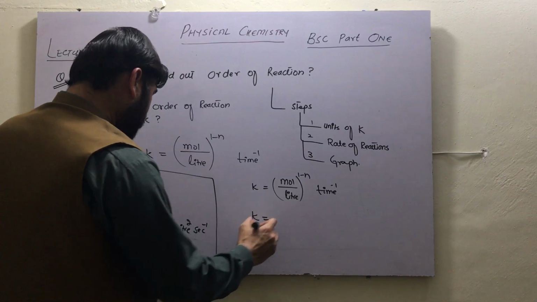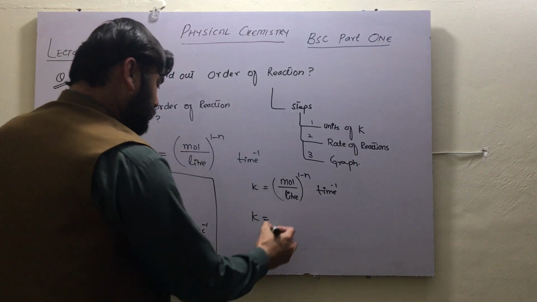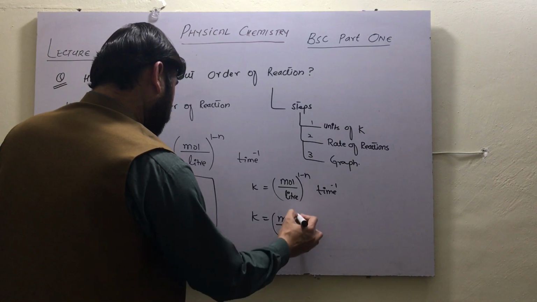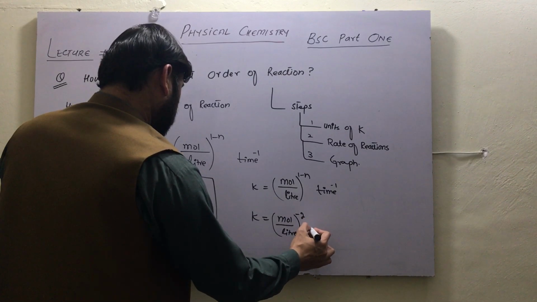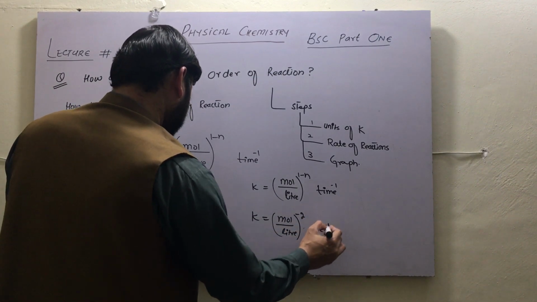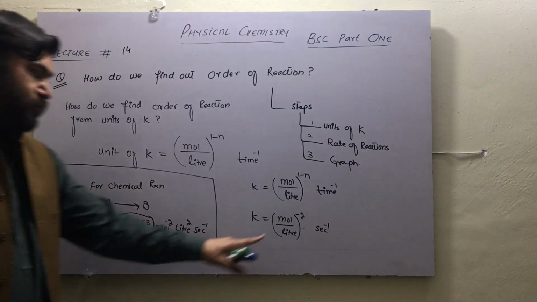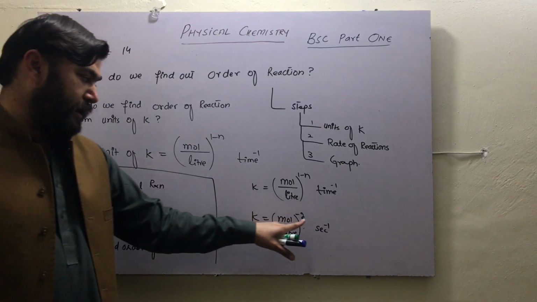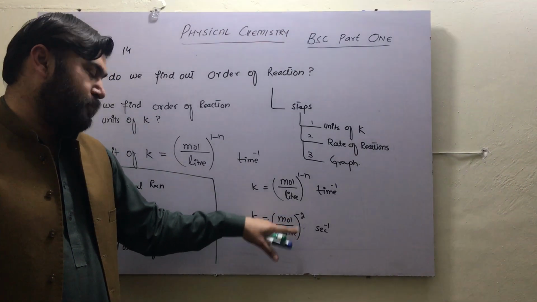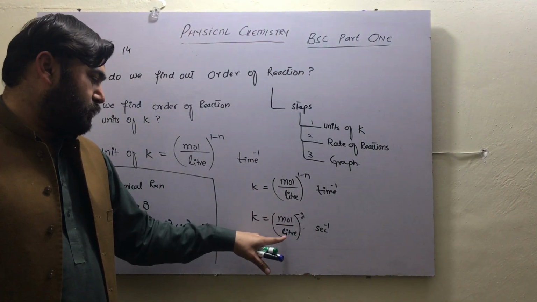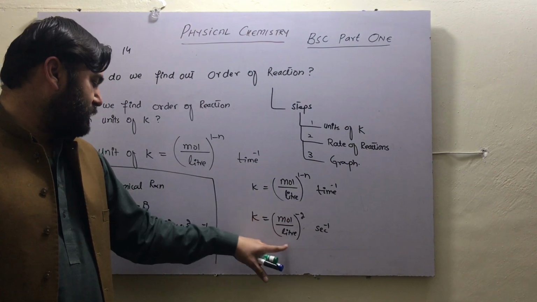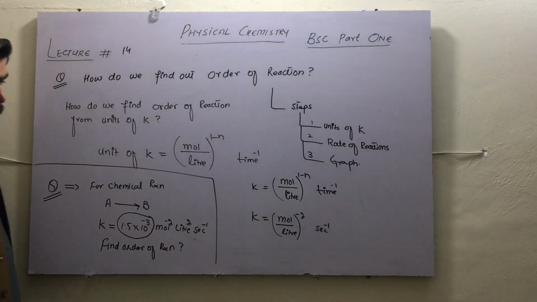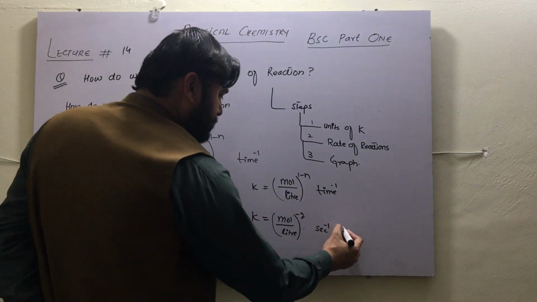Very easy. Now see, this is k: mole and liter. So we can say mole and liter to the power minus 2, and second inverse. Because if minus 2 multiplies with it, the liter goes to the numerator, and from the denominator going up it becomes positive.